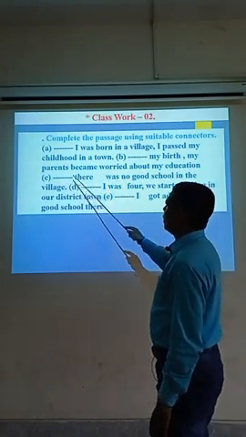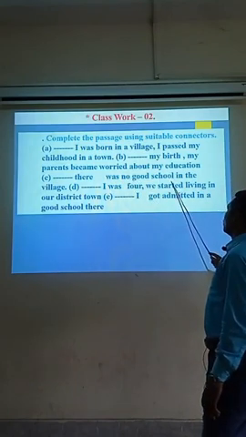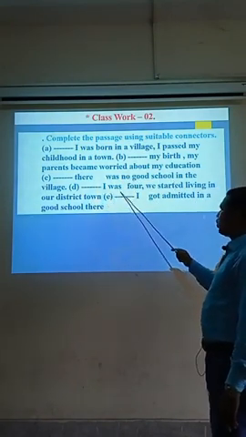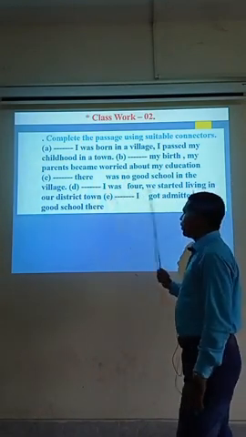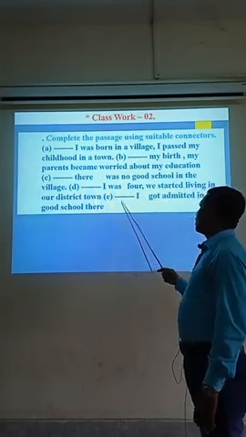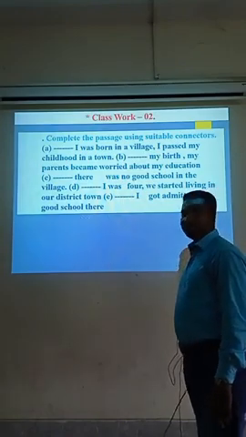C. There was no good school in the village. Dash, I was 4. We started living in our district town. Dash, number E. I got admitted in a good school there.